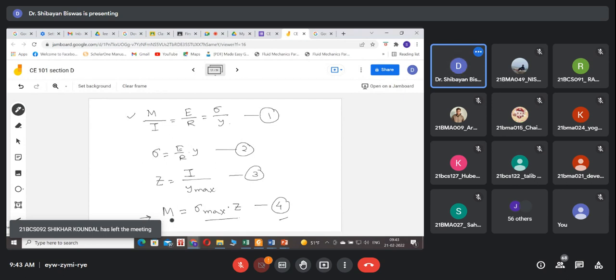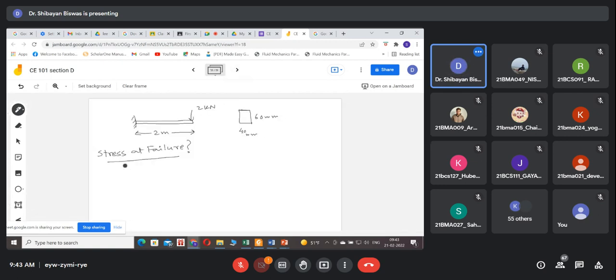Or if we know the maximum moment acting on the beam section, from there we can find the maximum stress of this beam section. For this case, the stress at failure has been asked, which means we want to know the sigma max value.